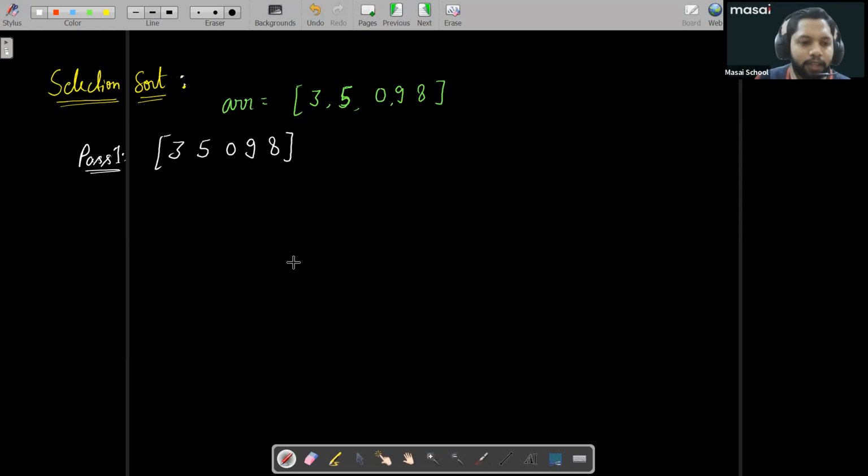Can anybody tell me? Can you guys put it in chat? Select minimum and swap. Find minimum and put it at an index on the left side.